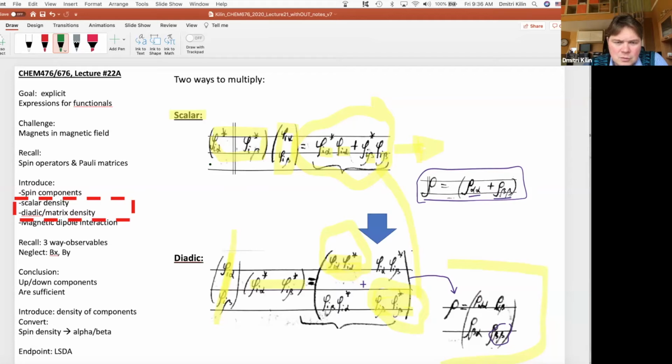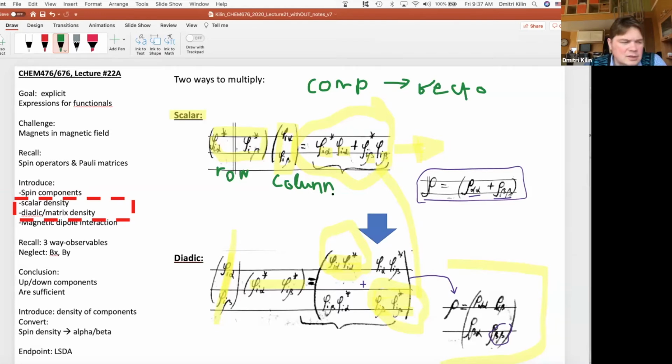One can mathematically place these components into a vector. And then this vector can be represented either as a row or a column.